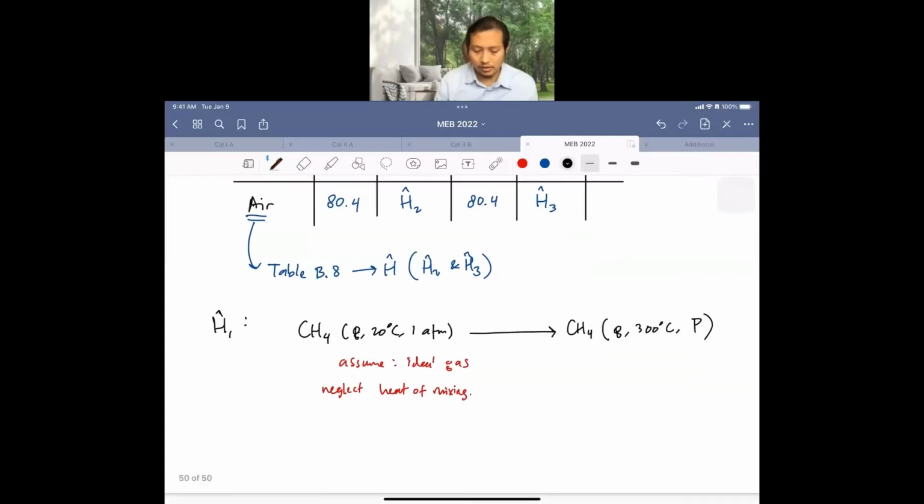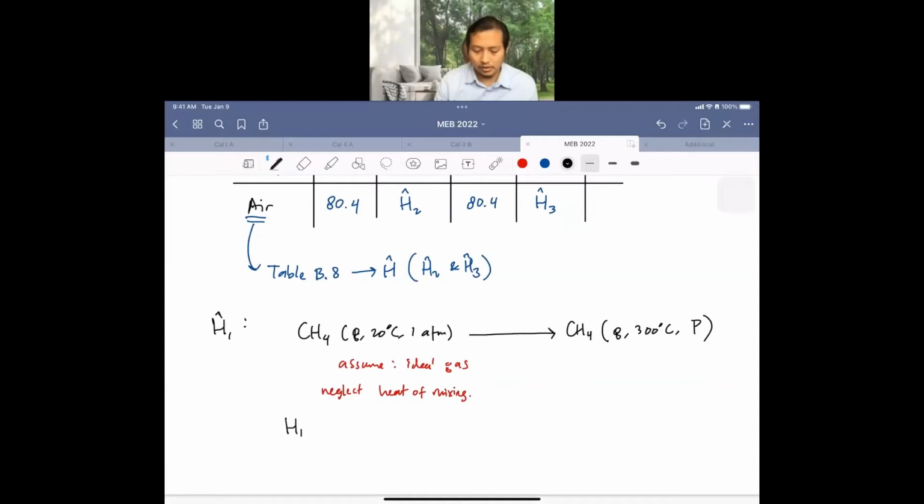So we could just directly take H1 based on the integration from 20 to 300 degrees Celsius of the Cp of CH4 dT, taken from table B2, and you could check with some calculations, and this will become 12.09 kilojoule per mole.